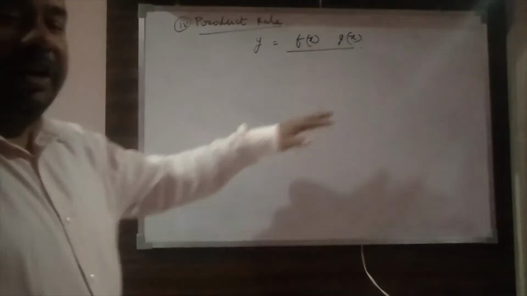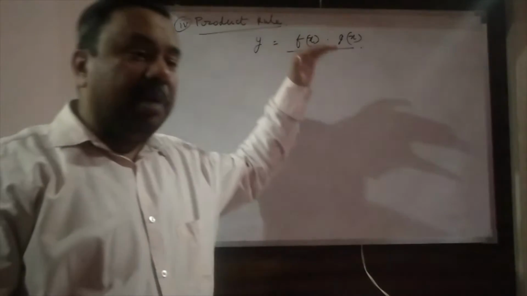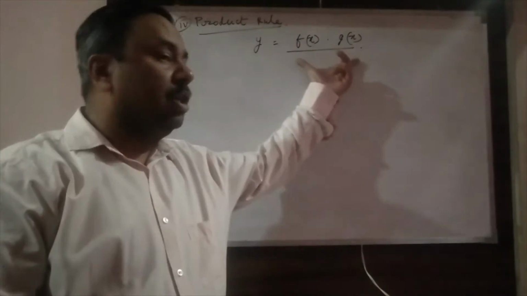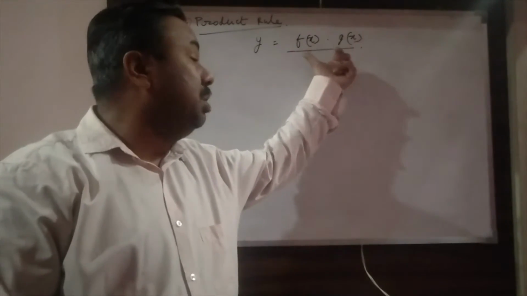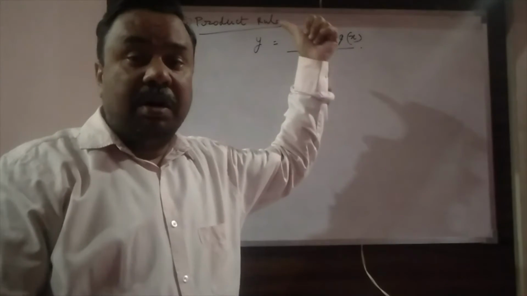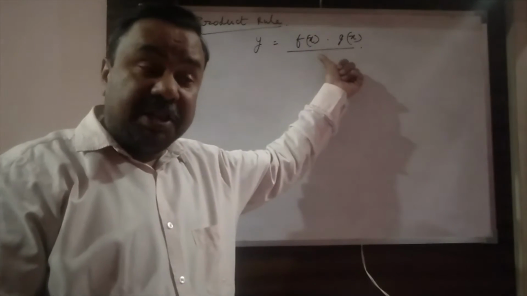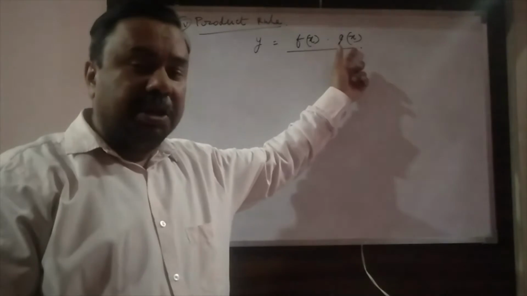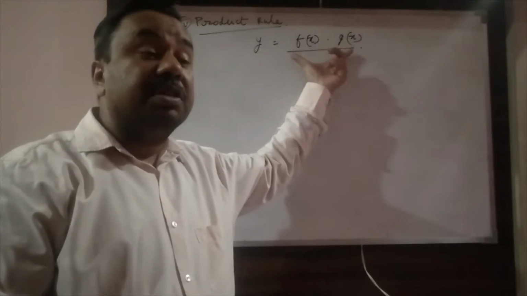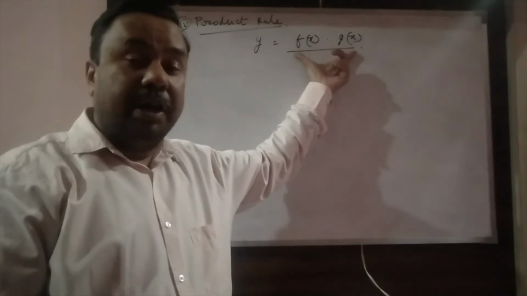Y is defined as a product of two functions, and remember, whenever I say a combination of two functions, it means the limits of both functions exist, they are continuous, and they are differentiable in the entire domain.